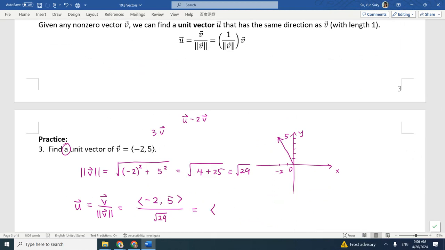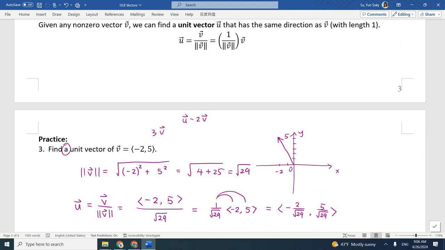Then you can move the square root of 29 into each component, because this is like 1 over the square root of 29 multiplied by negative 2 and 5. That's why you can distribute. You get negative 2 over the square root of 29, and 5 over the square root of 29.